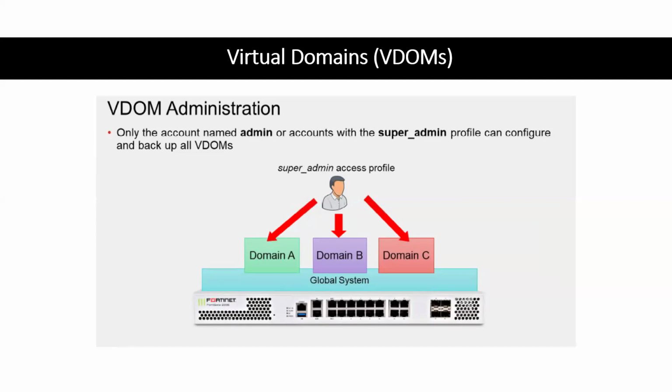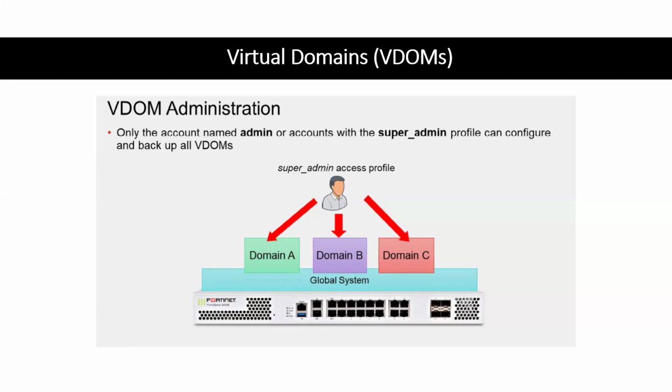That's a good question, and we're going to go over that in further slides. But yes, essentially, super admin is global to the FortiGate. You have access to everything. For the SOC that's handling VDOM A or VDOM B or VDOM C, you would give them the administrator profile of either prof admin or a custom profile.